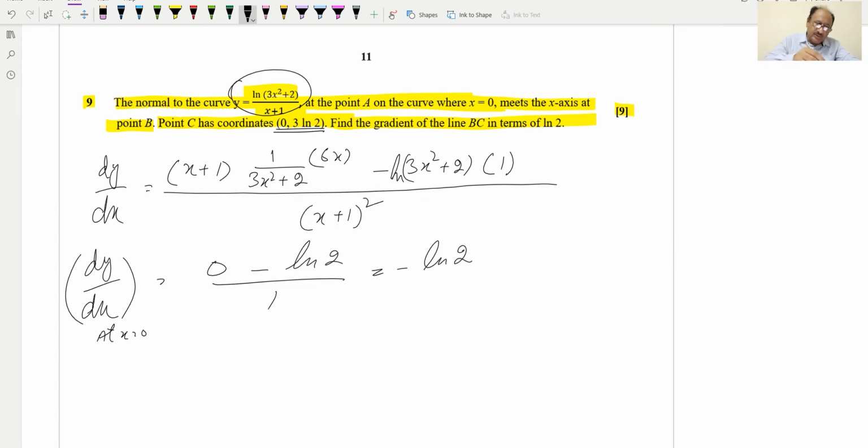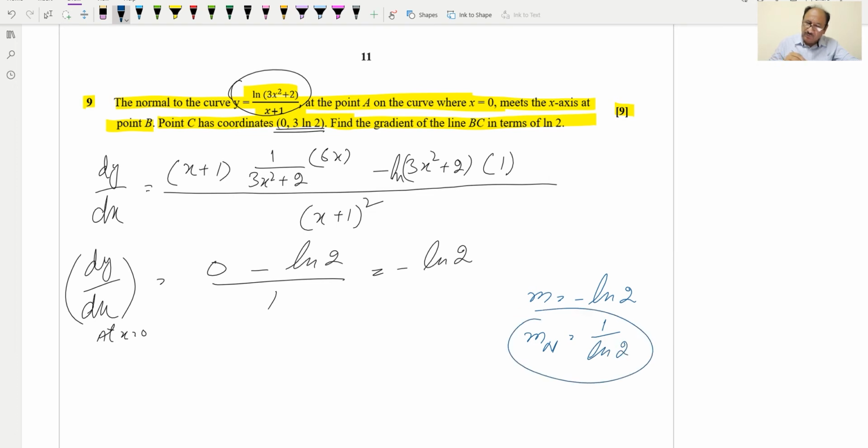Now our gradient is minus log of 2. The gradient of the normal is the reciprocal with the sign changed, which will be 1 over log of 2.